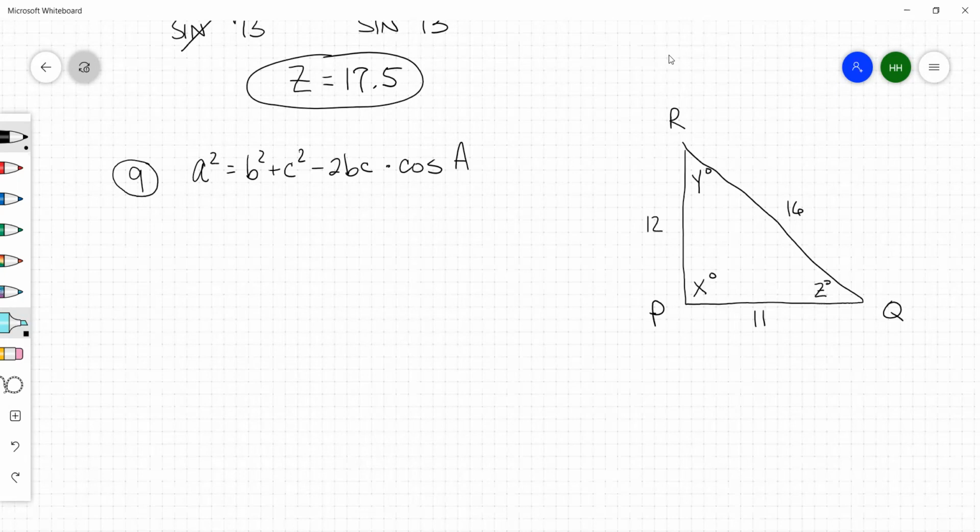So what we can say is that 16 squared is equal to our other two sides, 12 squared plus 11 squared, minus 2 times 12 times 11 times cosine of x.